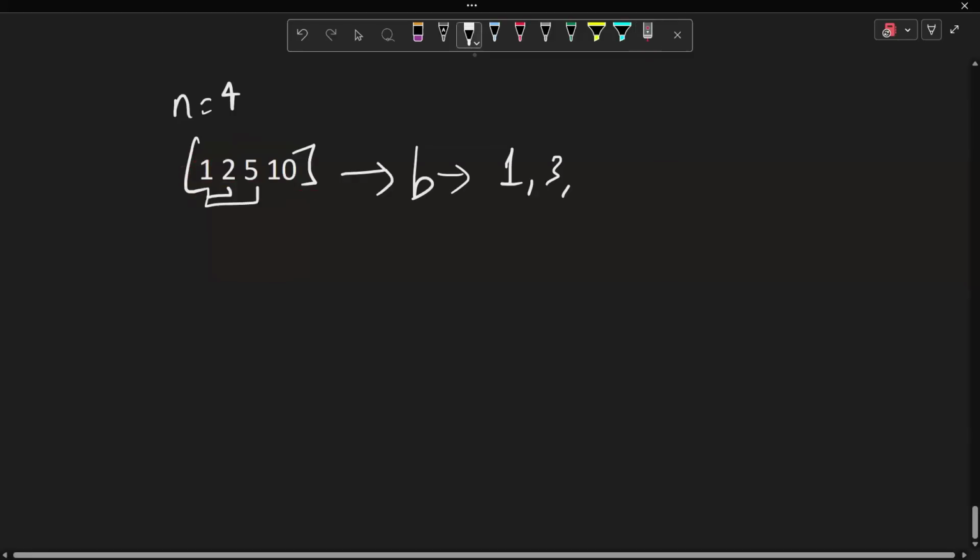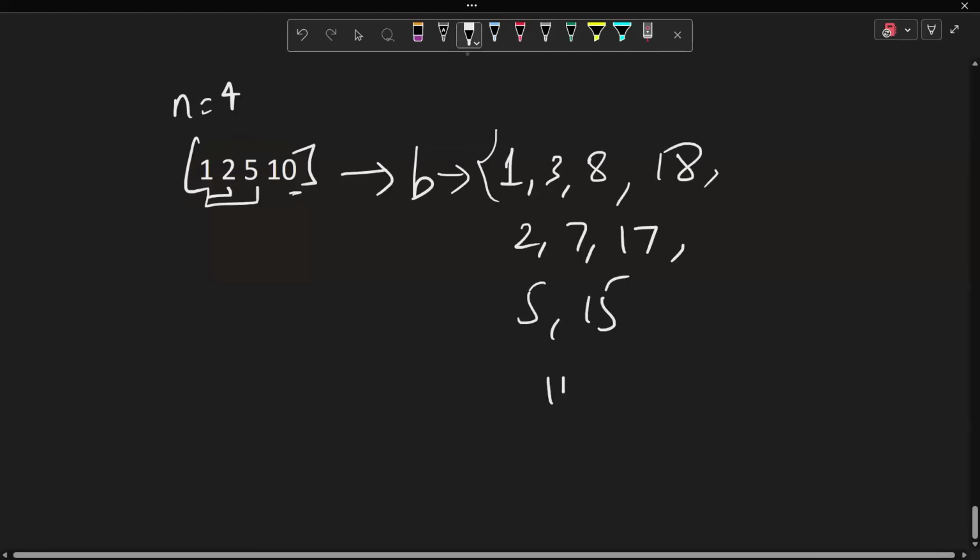Then 3 plus 5 is 8, 8 plus 10 is 18. Initially you have this. After that, you have a prefix array starting with 2. So you have 2, 2 plus 5, 7, 7 plus 10, 17. Then you have a prefix array starting with 5. So you have 5, 5 plus 10, 15. Then a prefix array starting with 10.